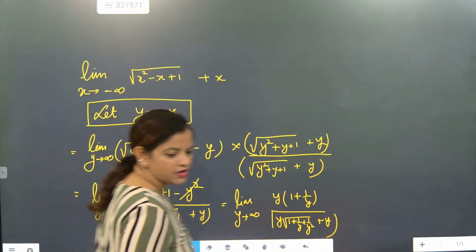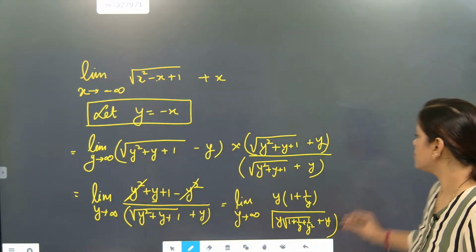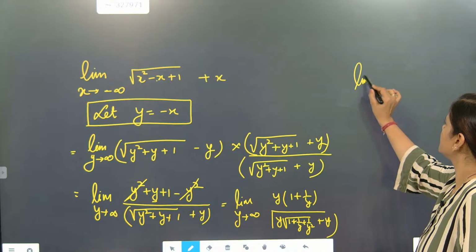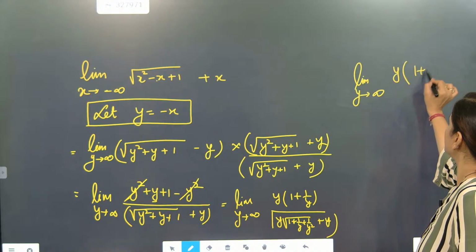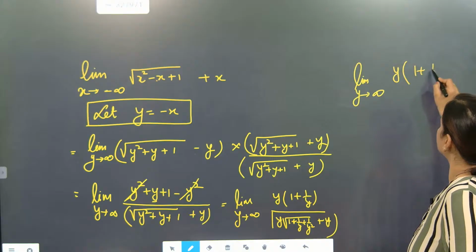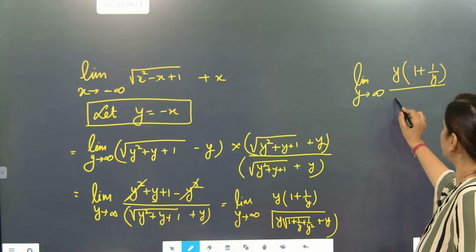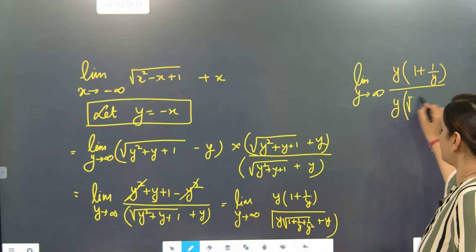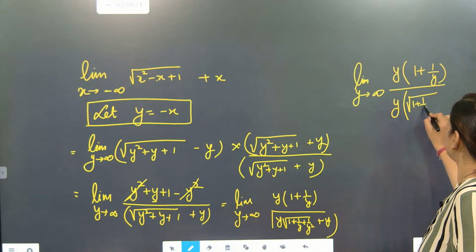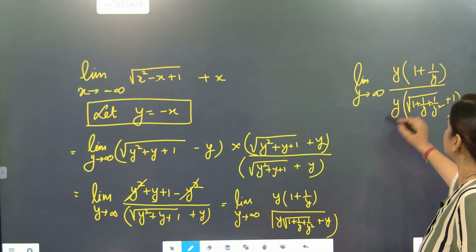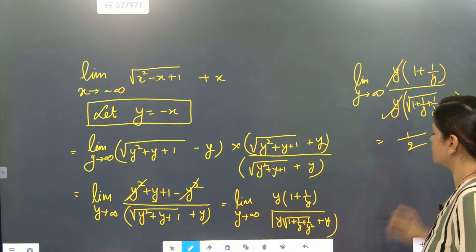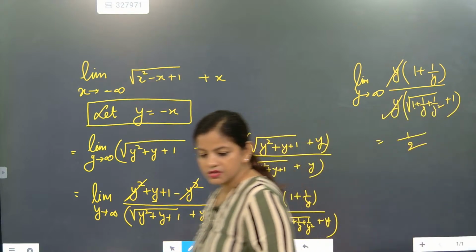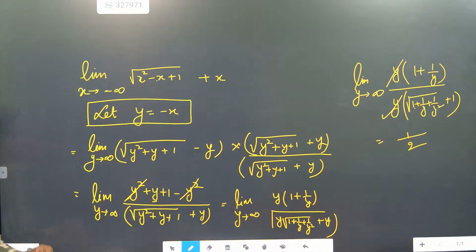Now you take y common and cancel it. So what answer will come? Limit y tends to infinity, y will get cancelled, 1 by y, and then here y taken out. It is coming root under 1 plus 1 by y plus 1 by y square plus 1. So this and this will get cancelled, 1 by 1 plus 1, 2. 1 by 2.